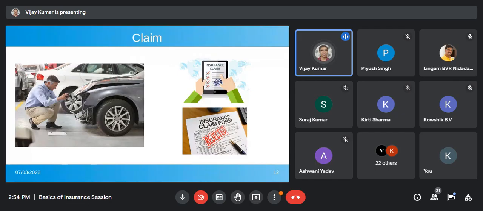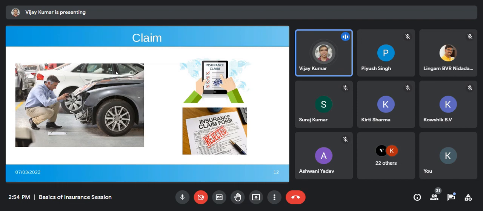So a loss has happened, and for that loss I want to claim my money from the insurance carrier. For that, I as a customer will submit the first notice of loss to the insurance company, and now the insurance company will verify: under this policy, did I cover this particular loss?